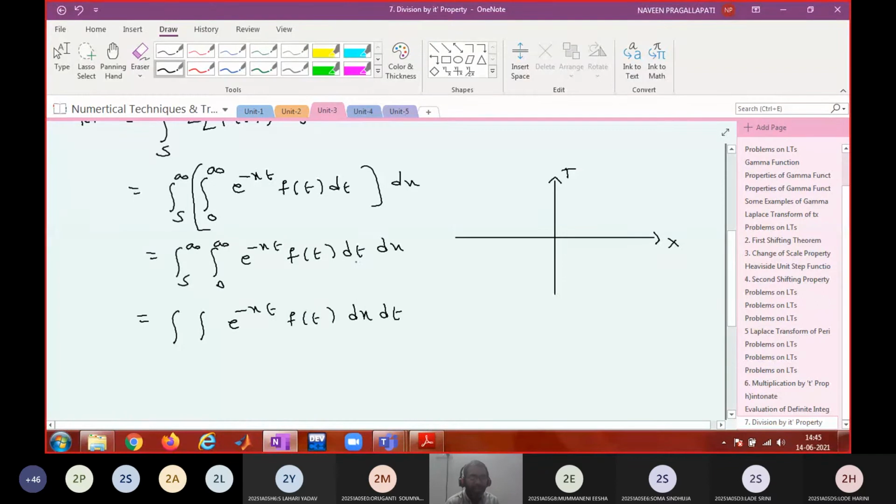So t varies from 0 to infinity, and x is varying from s to infinity.